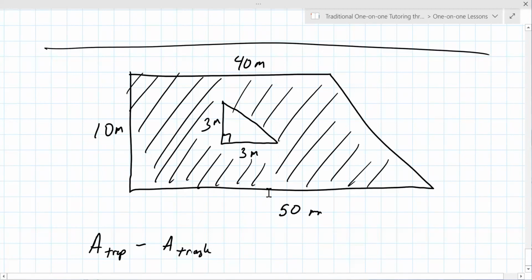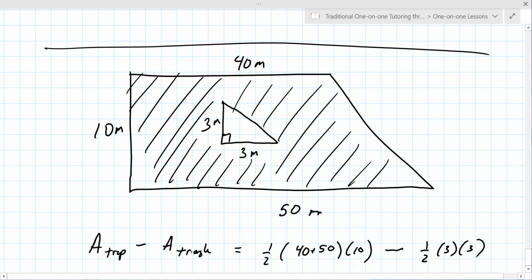Whereas in the previous problem, we added them together. Yes. Okay. So for here, the area of the trapezoid is 1/2 times (40 plus 50) times 10, and then you would subtract out the area of the triangle, 3 times 3.